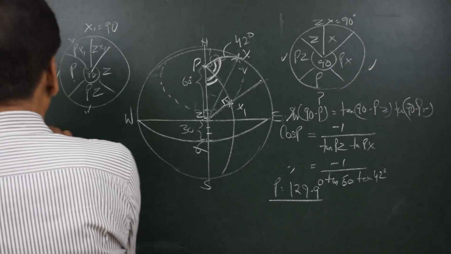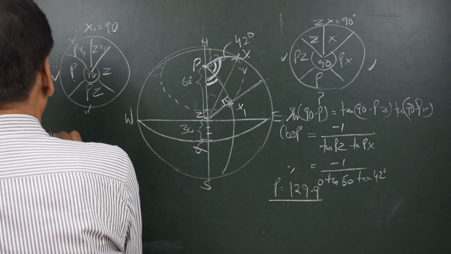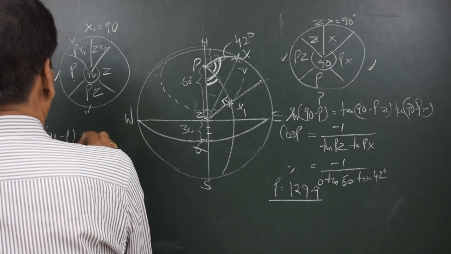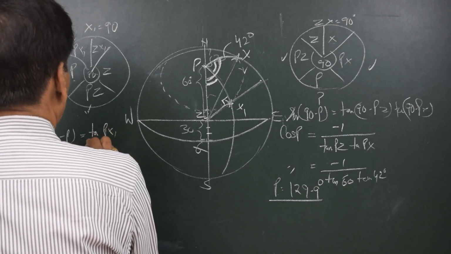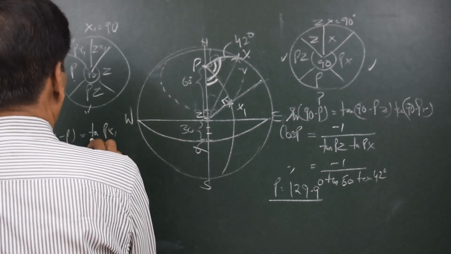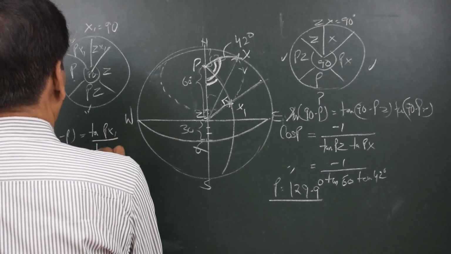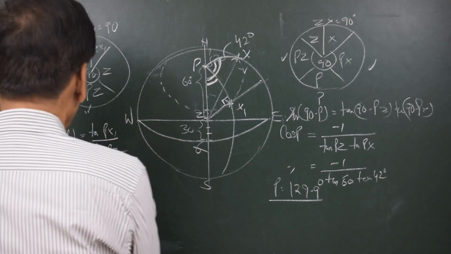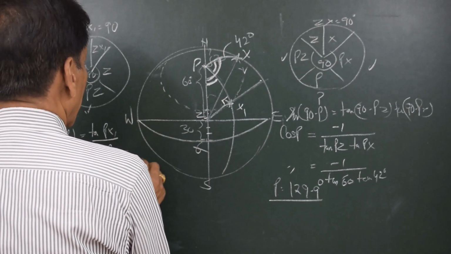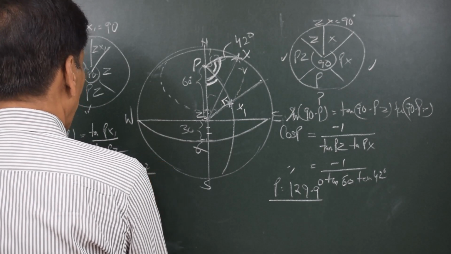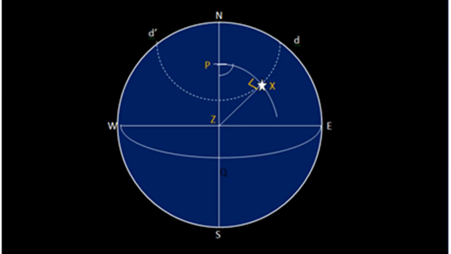So sine of the middle part, that is sine of 90 minus P, is equal to tan Px into tan 90 minus Pz, so it will become 1 upon tan Pz. This means cos P is equal to tan 42 divided by tan 60.